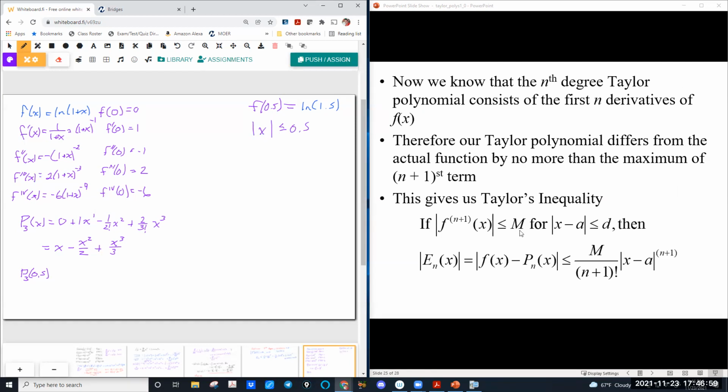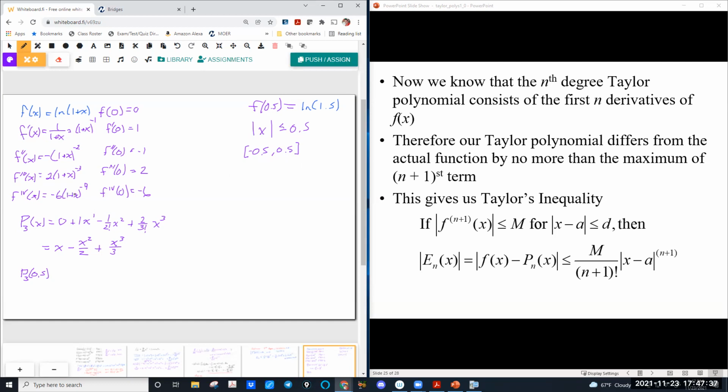Now, the last thing we have to do is maximize the n plus first derivative on this interval. If the absolute value of x is less than or equal to 0.5, we're actually on the interval from negative 0.5 up to 0.5. Now we'll also look at 0 on this one because something interesting is going to happen there, but I want to do it on the full interval first, and then we'll look on the half interval because I want to show you something.